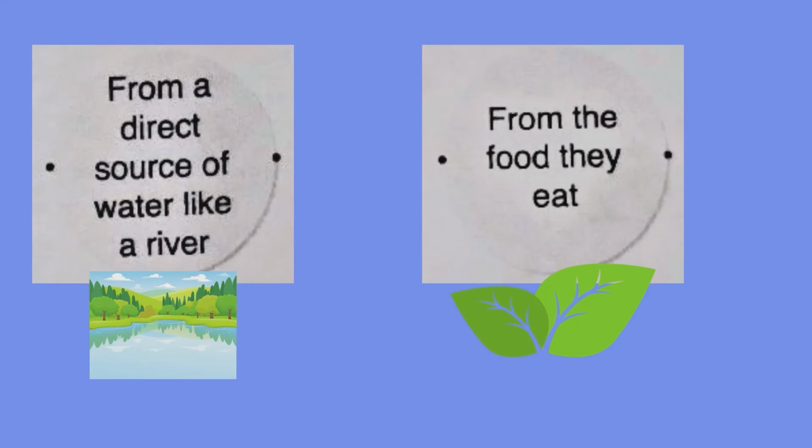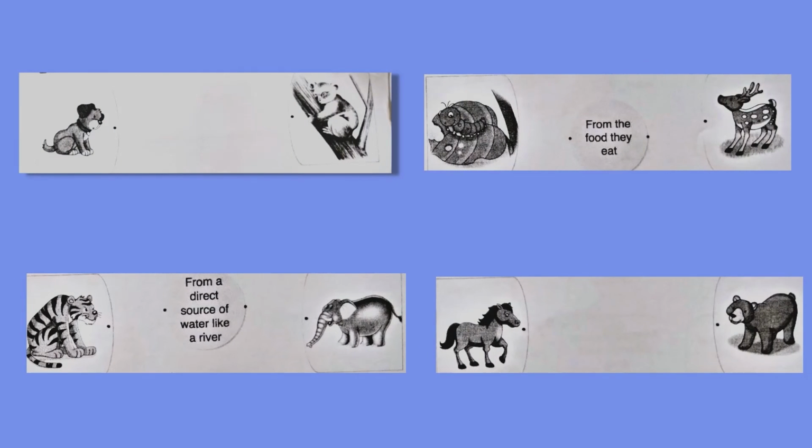Okay, so here are the animals and you have to match them to the sources. So where do these animals get their water? Is it from a direct source or is it from the food they eat?